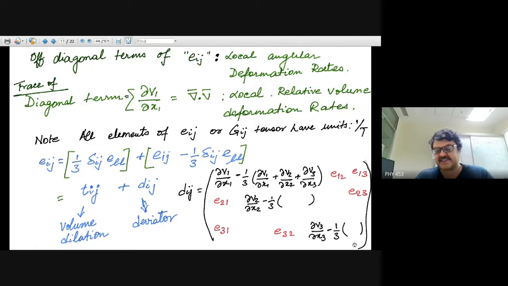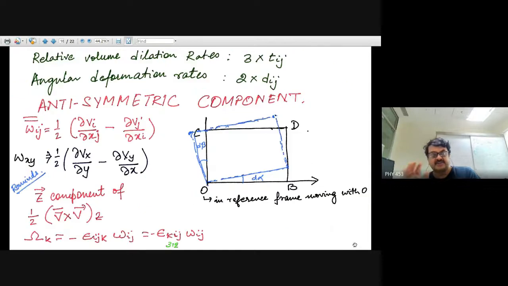It means these kinds of terms. So just to summarize, relative volume dilation rates will be, depending on the way it is defined, divergence of v, and so on and so forth. It's 3 times Tij, and the angular deformation rate is 2 times Dij. And this basically does not change the volume at all.